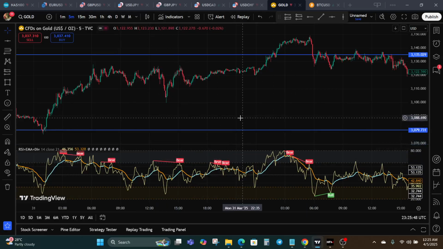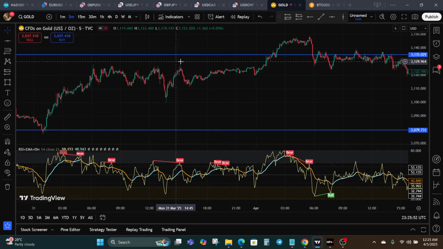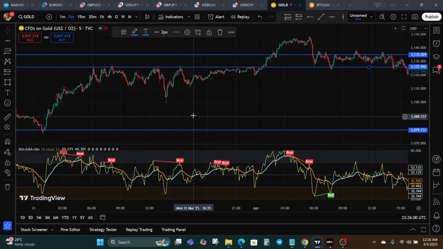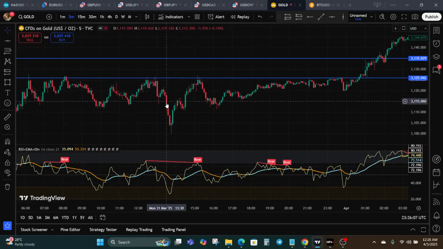So in a situation whereby price is approaching a resistance zone and RSI is flashing bearish divergence, that's your warning. If price then gives you a reversal candle, that's your signal. For example, we can see we had a bearish engulfing around here.